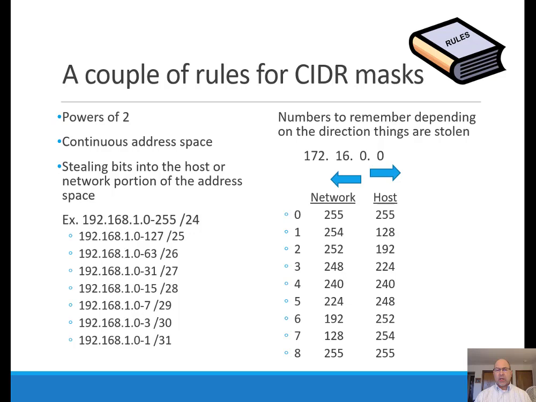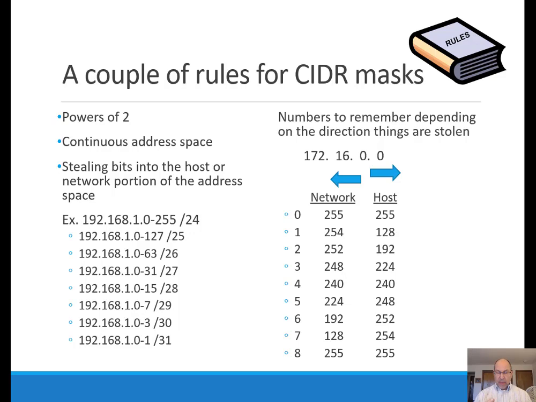Now, I've done an example here where I just started slicing up the network space, and the reason I did that is because no matter what you do with the slicing, the addresses have to be continuous. So 0 to 255, well, I cut that in half, it's 0 to 127. I cut that in half again with that match criteria, it's 0 to 63, 0 to 31, and so on.